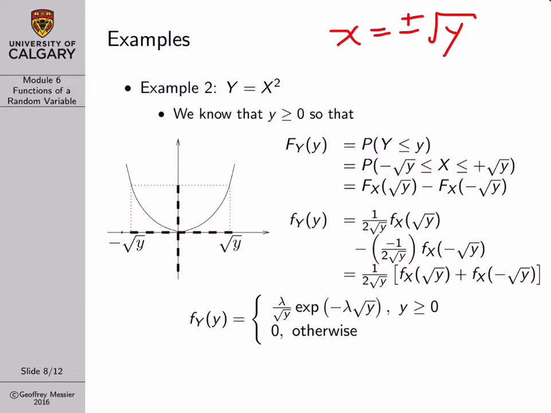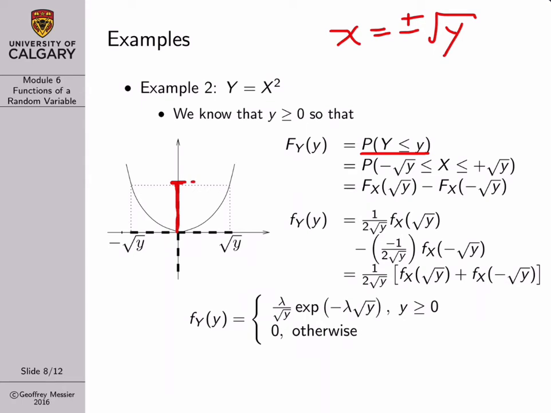The CDF of y is equal to the probability that the random variable y is less than or equal to lowercase y, which is this point on the x-axis. But in this case, we know that we can't go negative, right? Because y is a squared value, so y always has to be positive. And so our region of interest corresponds to just this region here.